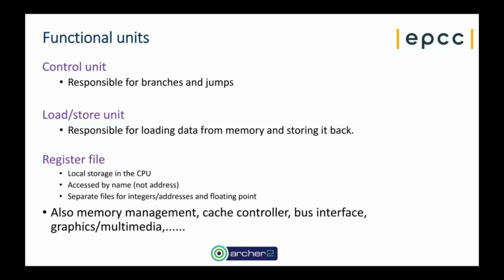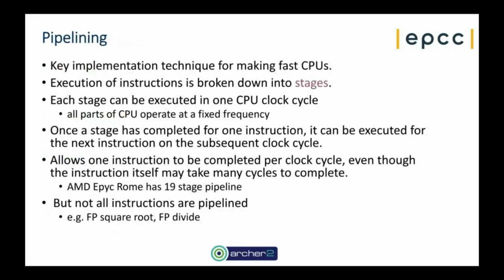And then there's the register file, which stores the data we're currently using for a given running application, keeping track of which registers, which local storage in the processor, my application is using. There's also a lot of other functionality in there: memory management, cache controllers, bus interfaces, graphics, multimedia, all that kind of stuff. But for most applications where we're looking to optimize on-node performance, these are the main ones we're looking at. These are the things that will restrict or impact performance.